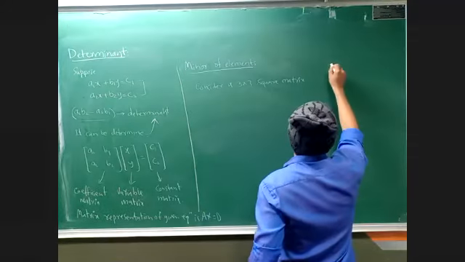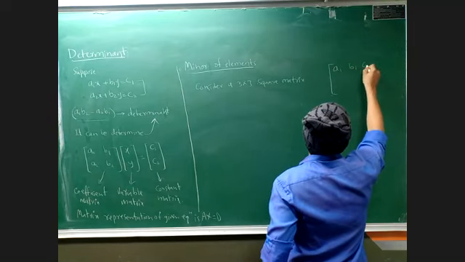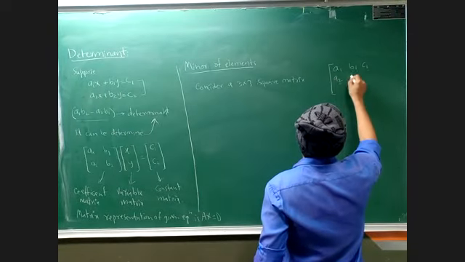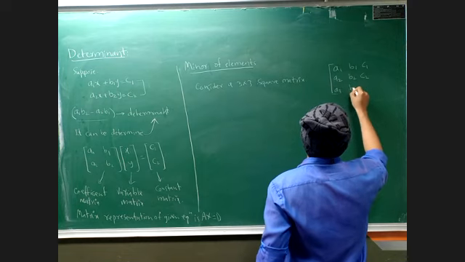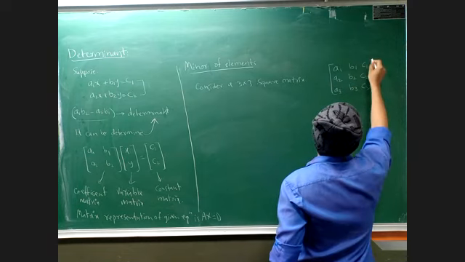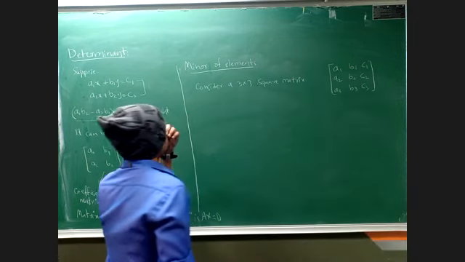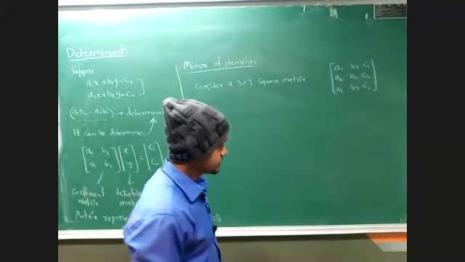Suppose I have a 3 by 3 matrix: a1, b1, c1, then a2, b2, c2, and here a3, b3, c3.